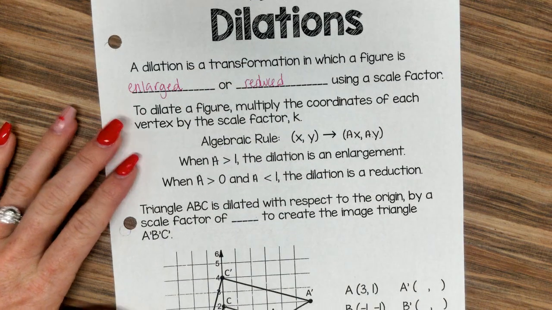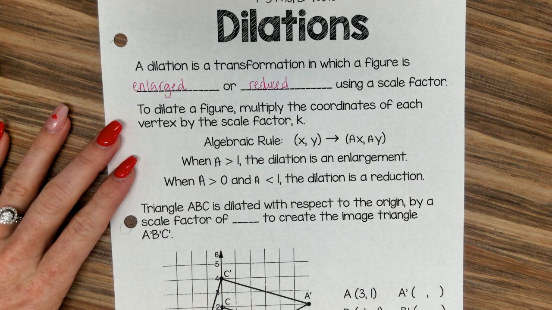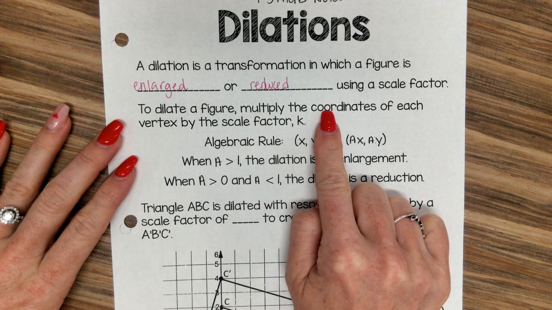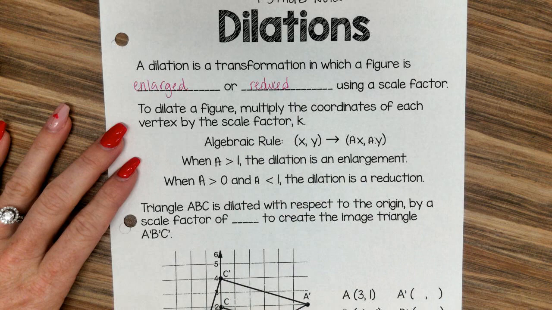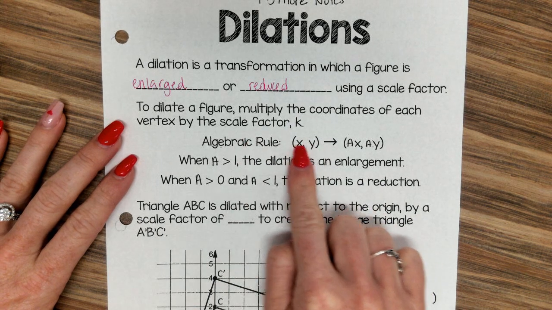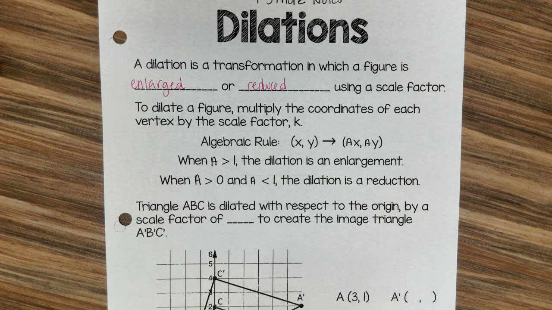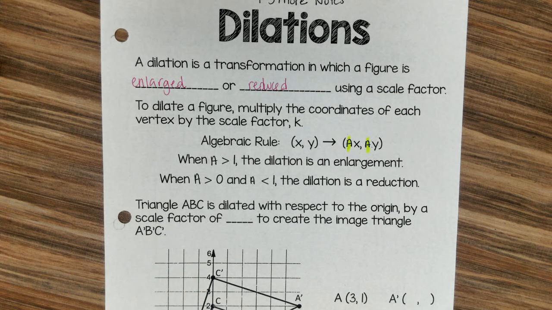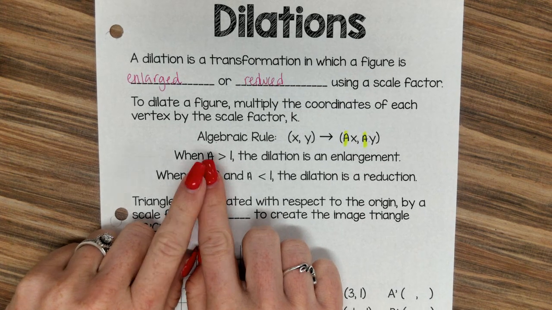The rule of dilation says you must multiply the coordinates by the scale factor. So look at the rule. You take your x and your y and you multiply them by a number. That number is the scale factor. This is exactly what we just learned.